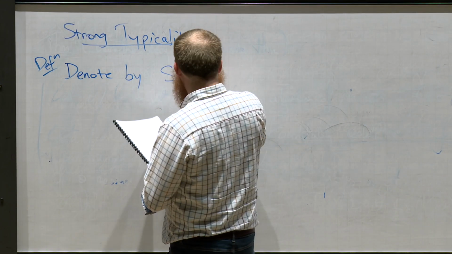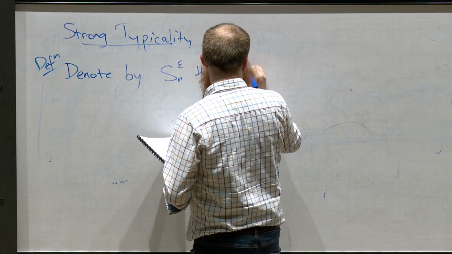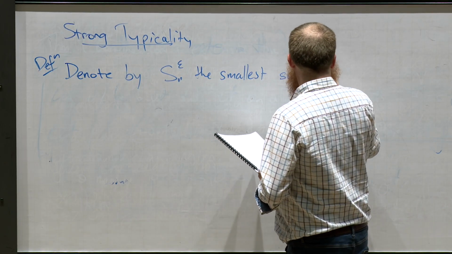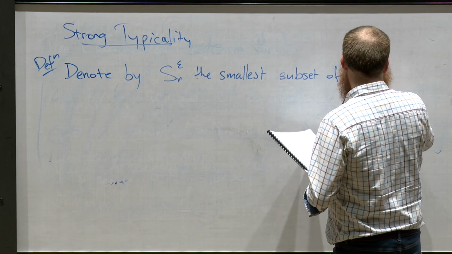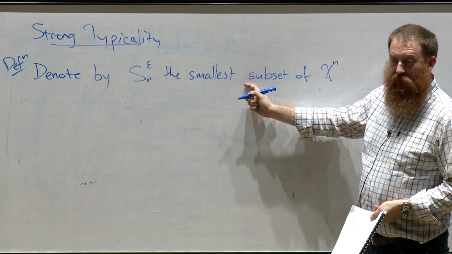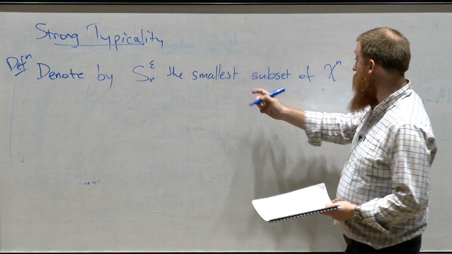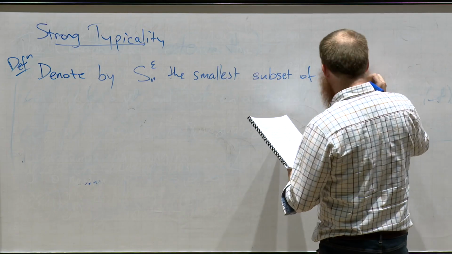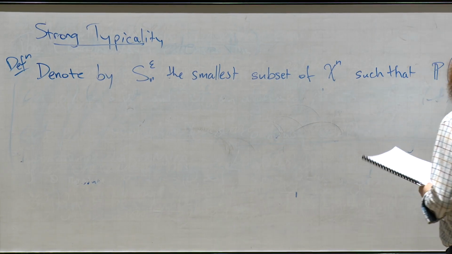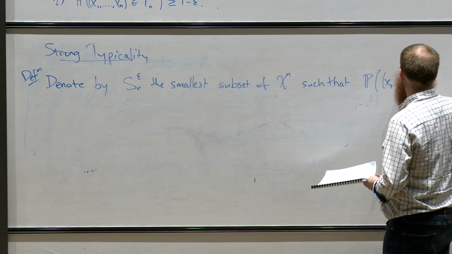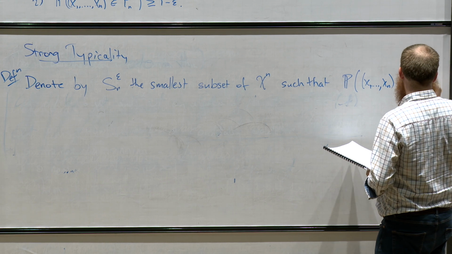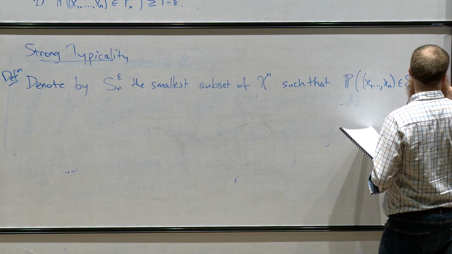So this is the smallest subset of X^n, smallest in the sense of containing the smallest number of sequences, the fewest sequences, such that the probability that I'm in S_ε^n is greater than or equal to 1 minus epsilon.